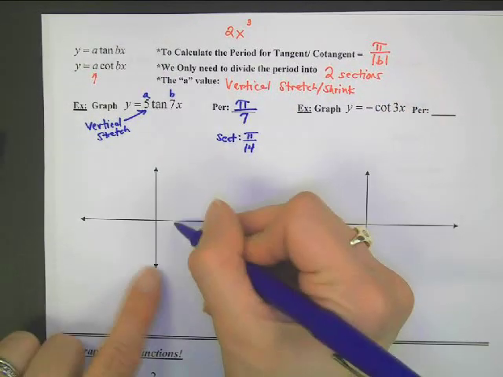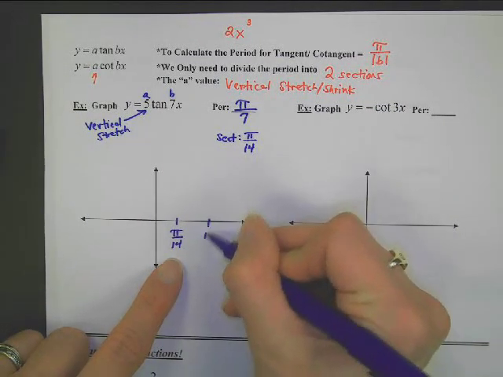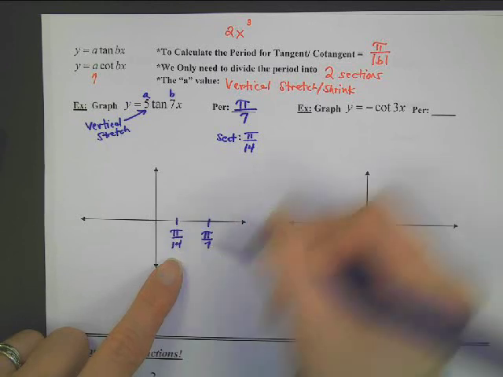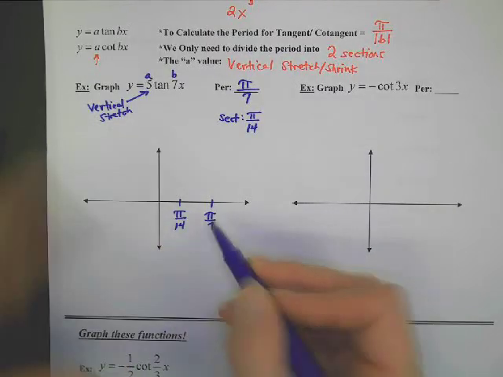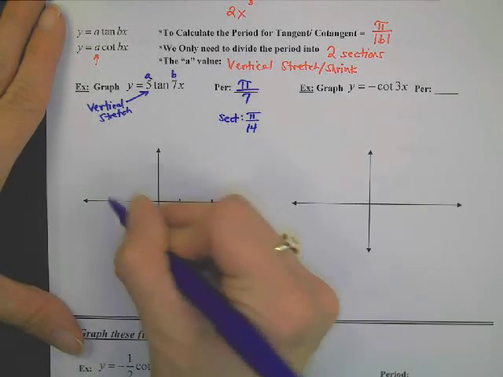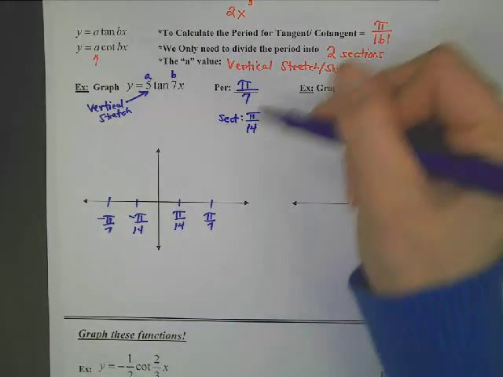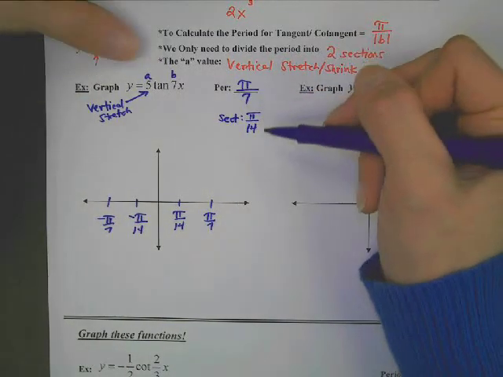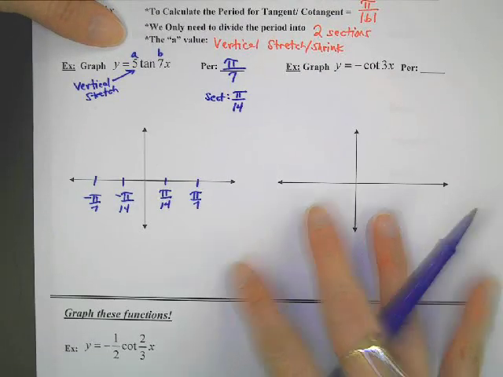Okay, so this is how it works. 1 out of 14, 2 out of 14 is pi over 7. Stop. Really? That's it? 1, 2? That's right. It only needs 2. Let's go to the left also. Negative pi over 14, negative pi over 7. Okay? You have to know that it's just pi over B, divide by 2, and now I have to know, how does tangent start?